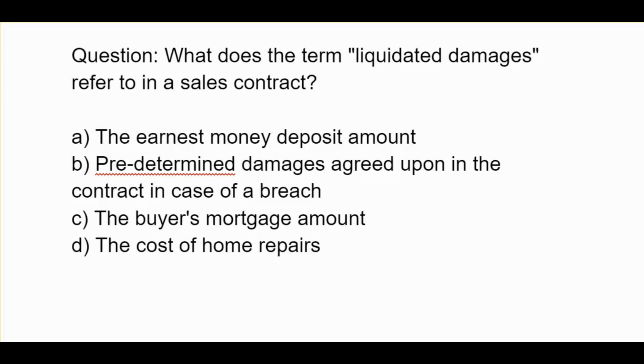What does the term liquidated damages refer to in a sales contract? A, the earnest money deposit amount. B, predetermined damages agreed upon in the contract in case of a breach. C, the buyer's mortgage amount. D, the cost of home repairs.